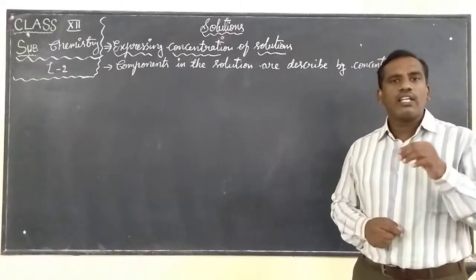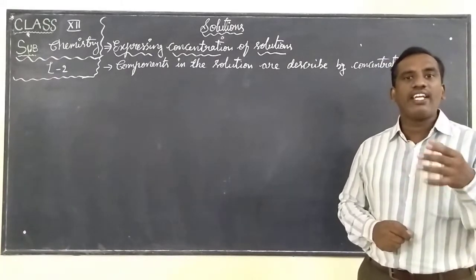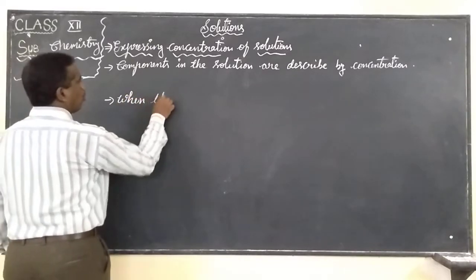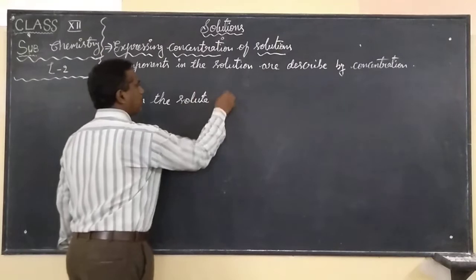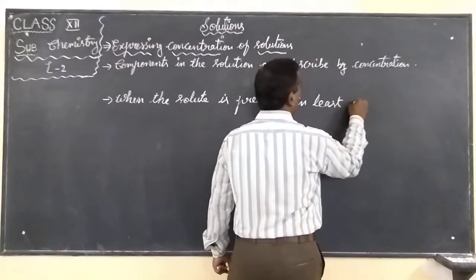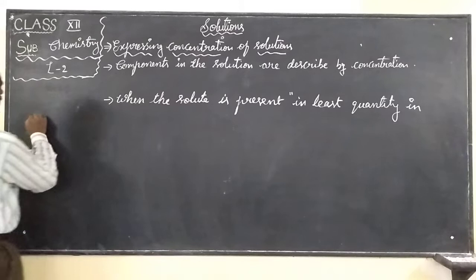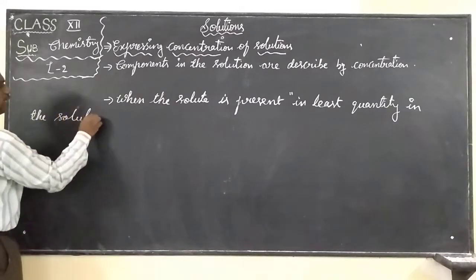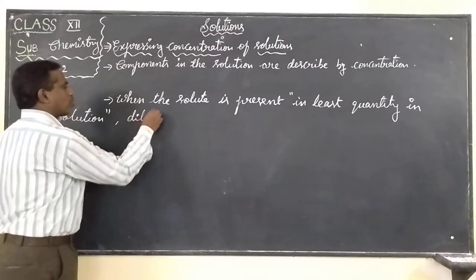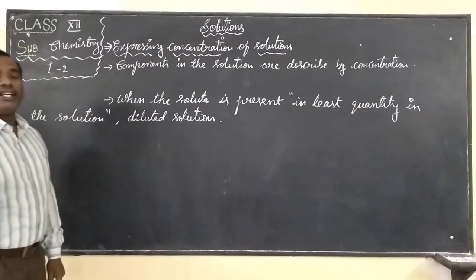If the solute that we give in the solution is very less in amount, when the solute is present in the least quantity in the solution, then those kinds of solutions we are going to call a diluted solution.